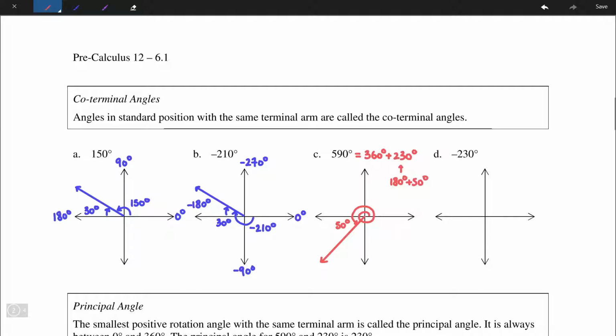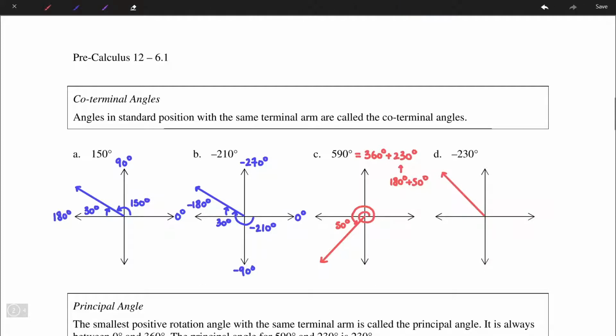Okay. So now let's consider negative 230 degrees. We know that this is going to be in quadrant 2, since it is past negative 180 degrees, but not negative 270. So it's going to be somewhere around here.